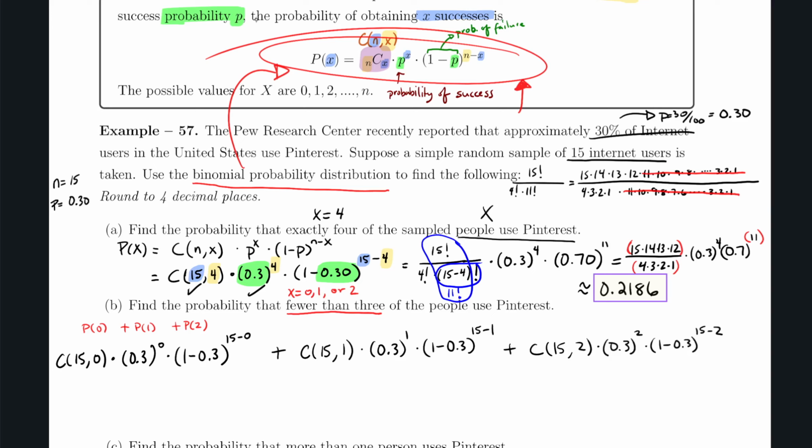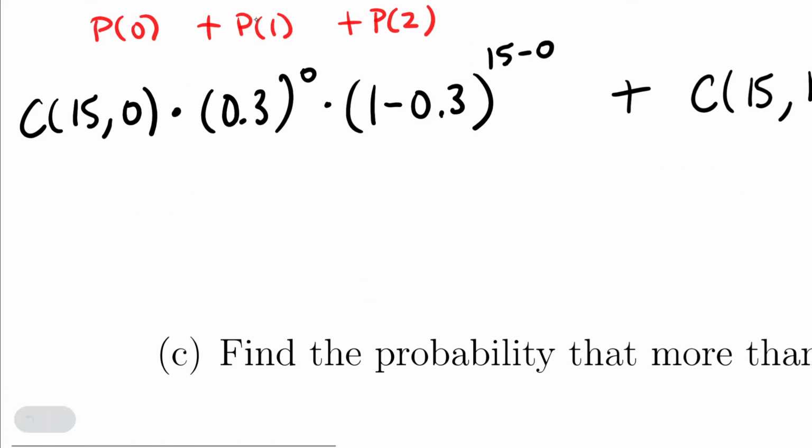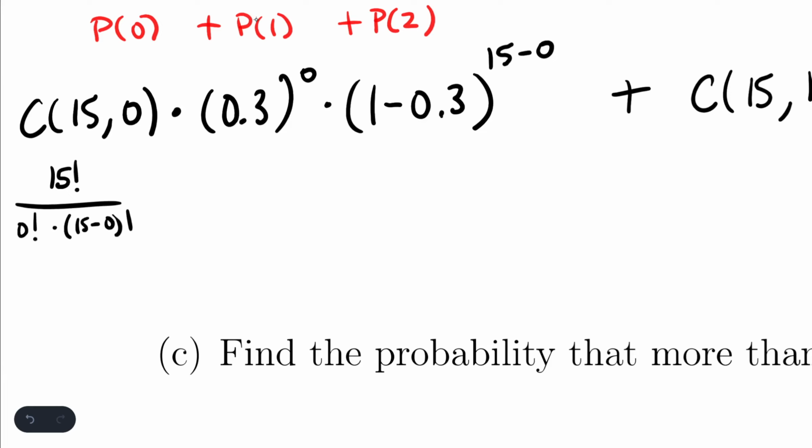So let's look at the first term. I'll zoom in there. As I simplify the first term, we know the combination formula says take the overall amount, 15, that's at the top, factorial, over the smaller number factorial, times larger minus smaller factorial. That's just the pattern for combination. Now one thing we want to keep in mind is 0 factorial is set to be 1.